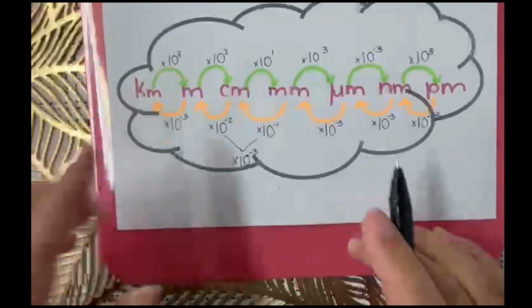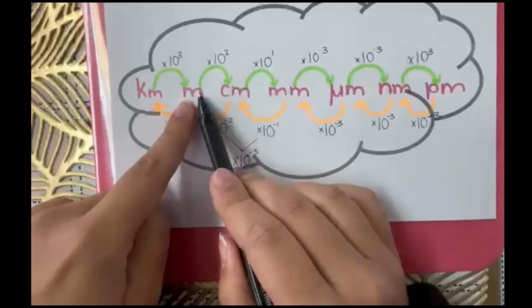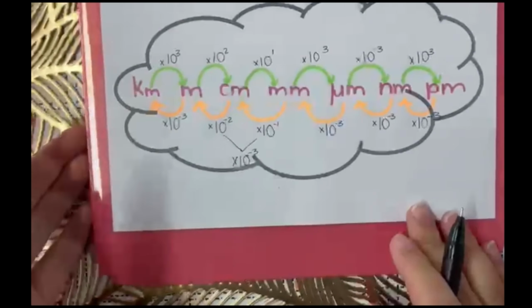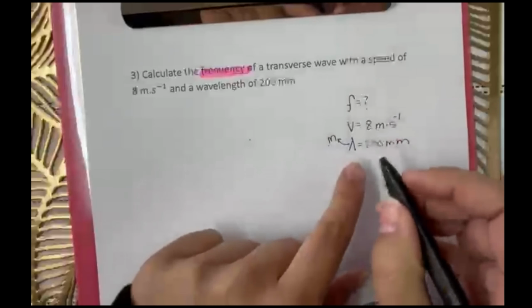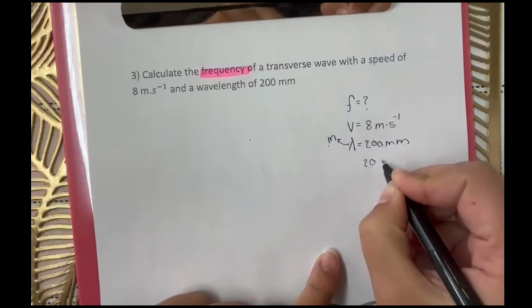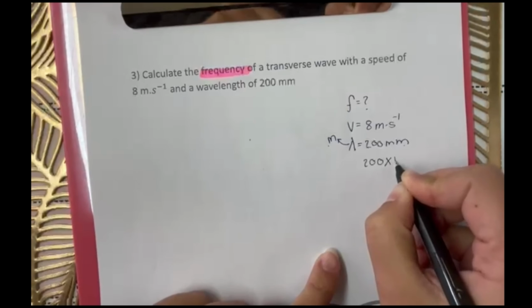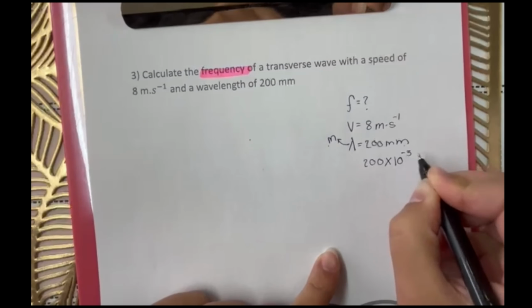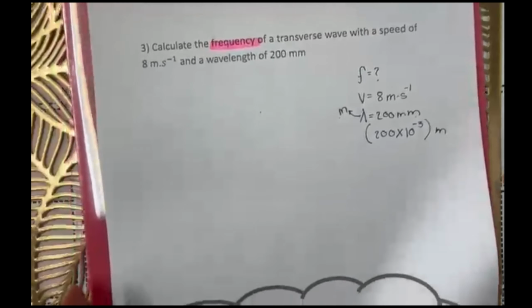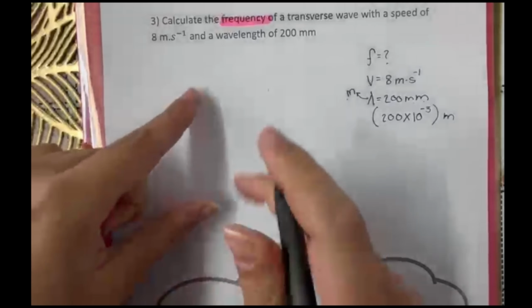And there you have it. To get from millimeters to meters, you take your value given times 10 to the power of negative 3. So our new converted value is 200 times 10 to the power of negative 3. Remember your brackets, meter. So let's go to our calculation.